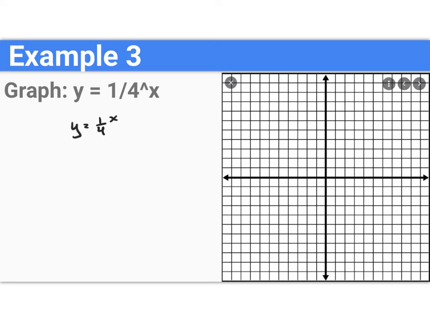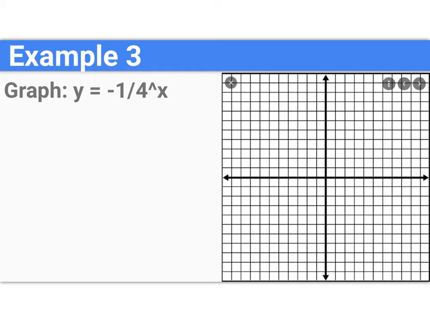So let's graph this one. And it's got to come through 0, 1. And this is what you get. Not perfect, but just a good guess.